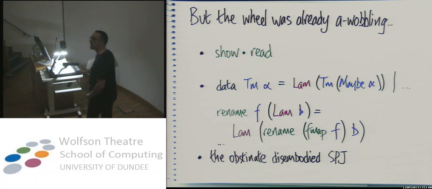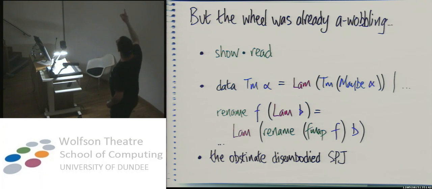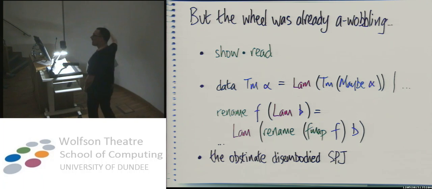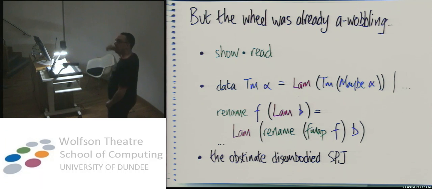It represents the set of free variables which may occur in terms, and then when you go under a lambda, you throw in an extra free variable by maybeing that type. And then correspondingly, when you're writing the rename operation, which takes some function mapping variables to variables, when you go under a binder, you have to adjust the renaming operation, and you do that uniformly by the functoriality of maybe.